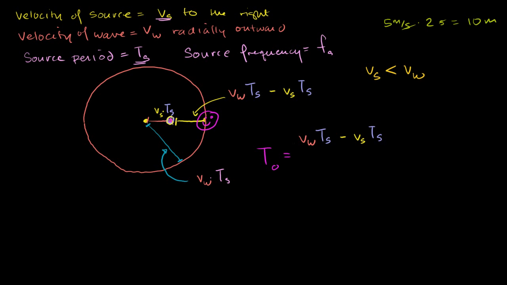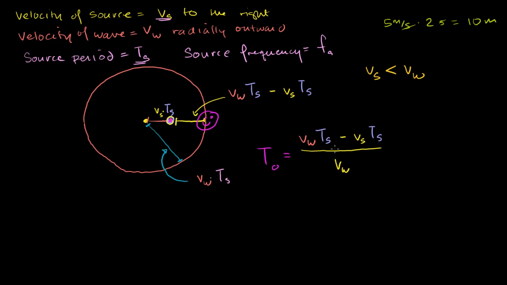So it's this distance that the next pulse, the one getting emitted right at that moment, is going to travel, divided by the speed of the wave, and we know what that is. That is v sub w. Now, this gives us the period of the observation.